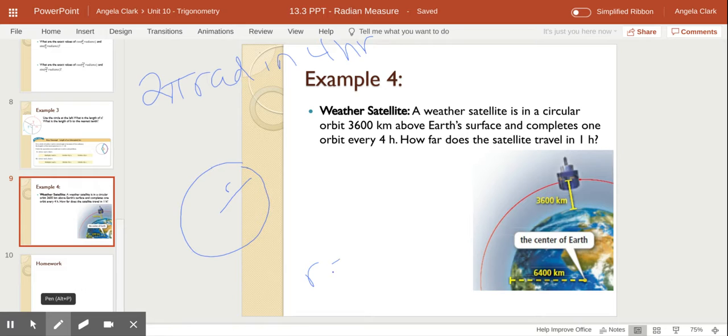We're told that it's 3,600 kilometers above the Earth, but we're also shown in the diagram that the Earth has a radius of 6,400 kilometers. So we need to take that into account as well. So it's both of these things.